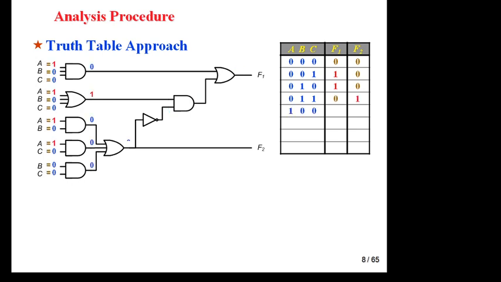Similarly 1 0 0 gives 1 0. 1 0 1 gives 0 and 1. When you give 1 1 0, it gives 0 1. When 1 1 1, it gives 1 and 1. Now with the help of this combinational circuit, you have derived your truth table.